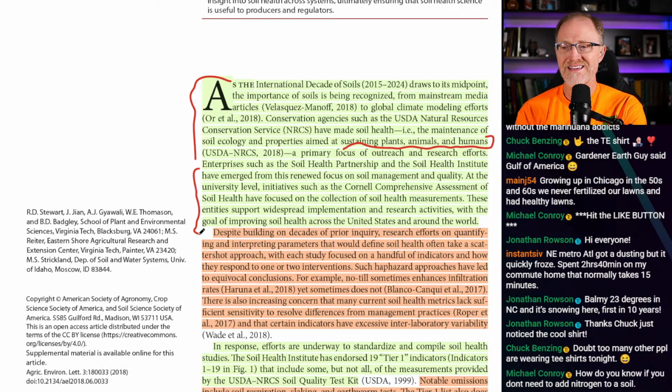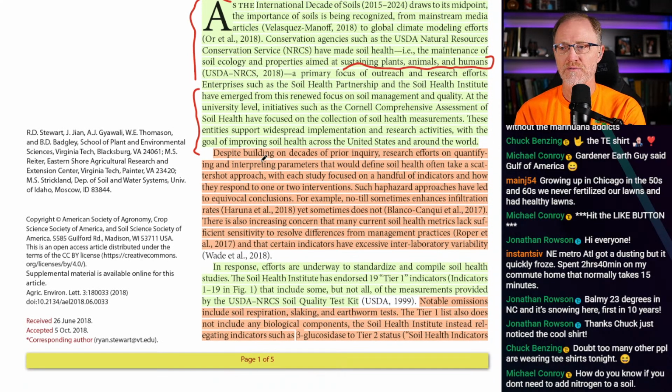Despite building on decades of prior inquiry, research efforts on quantifying and interpreting parameters that would define soil health often take a scattershot approach, with each study focused on a handful of indicators and how they respond to one or two interventions. Such haphazard approaches have led to equivocal conclusions.